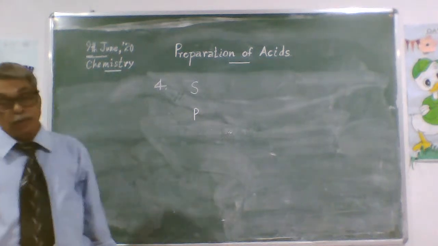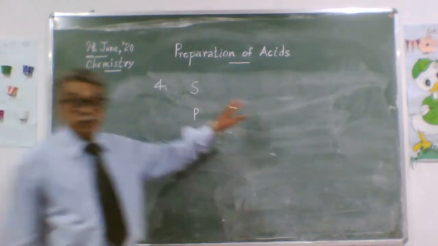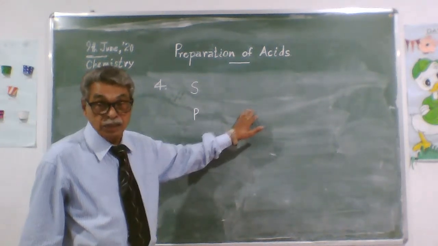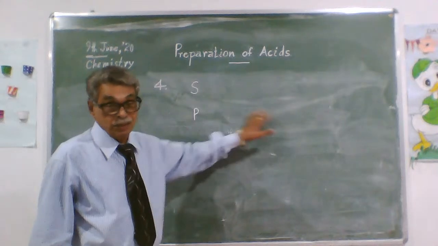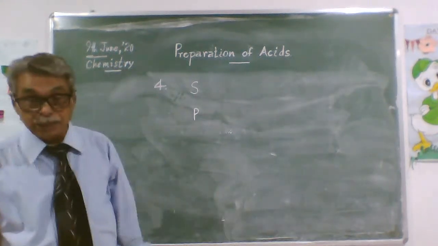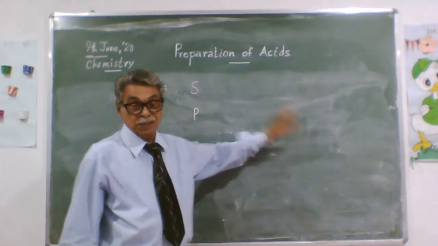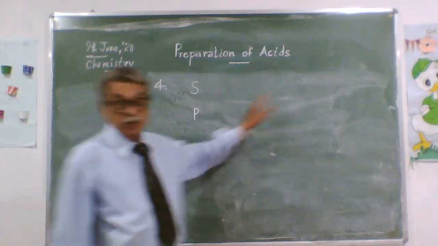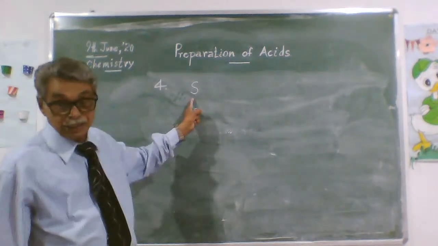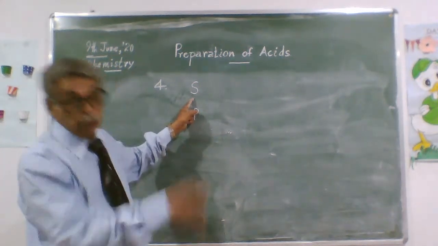Oxidized means you add oxygen, make it combine with oxygen. Sulfur combined with oxygen produces sulfur dioxide, and with further oxidation it will give sulfur trioxide. And you know when those two react with water, you get acids.